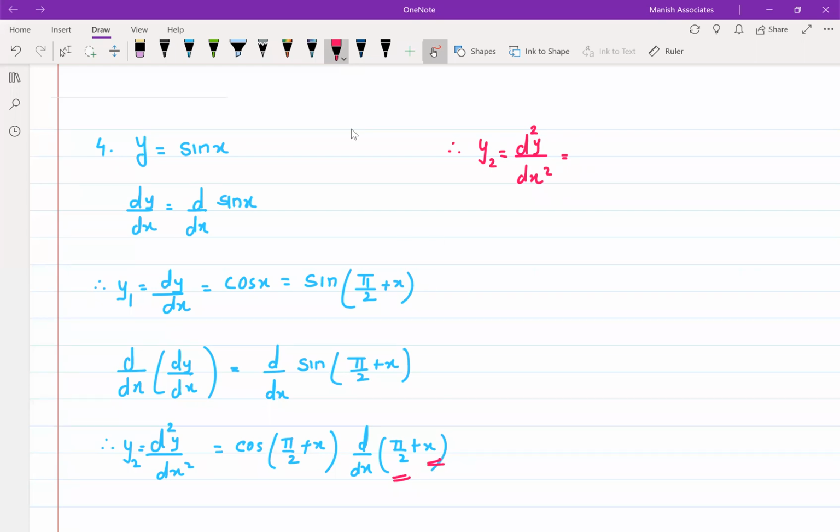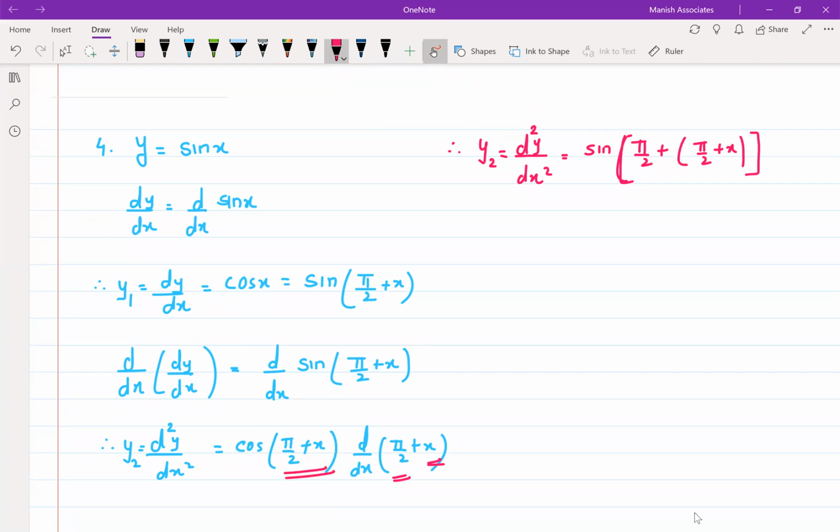1. So now what you're supposed to do, the cos of pi by 2 plus x, you have to express in terms of sine. Now, how do I express in terms of sine? I'll write sine of pi by 2 plus the angle. What is the angle? Pi by 2 plus x. Correct? In the second case, the angle was pi by 2 plus x. So we did pi by 2 plus the angle. All right.